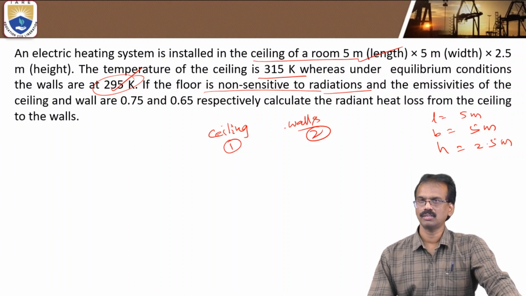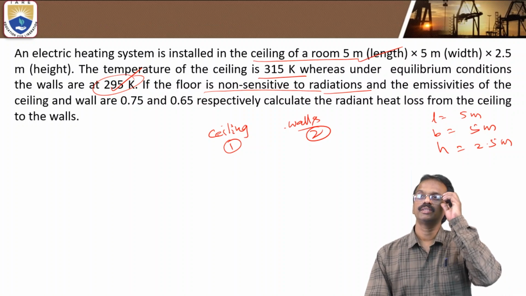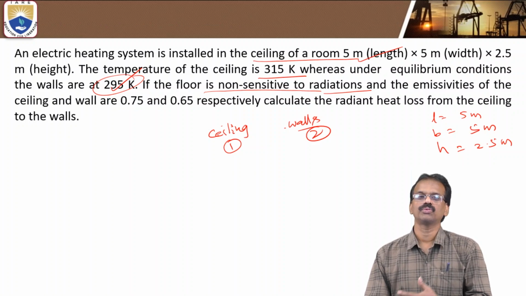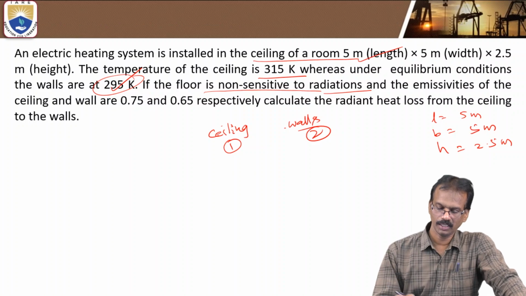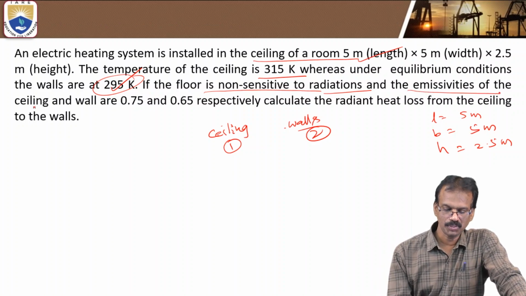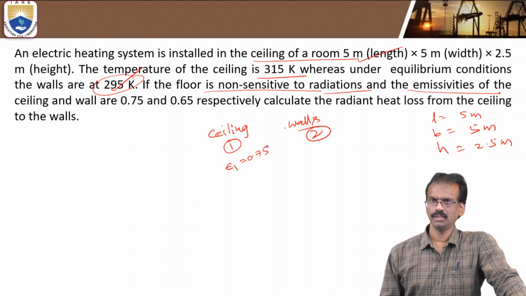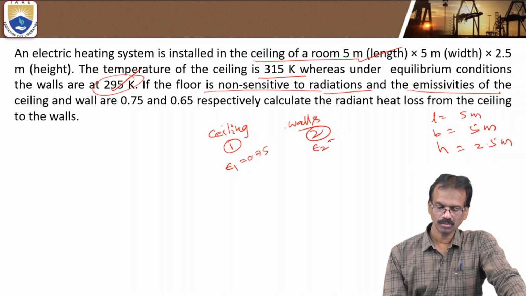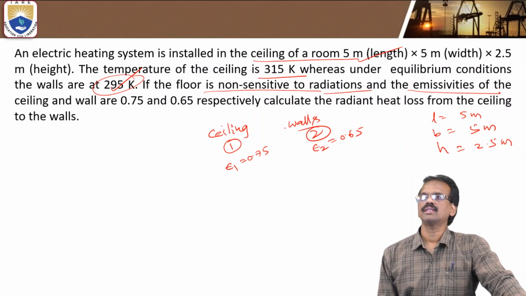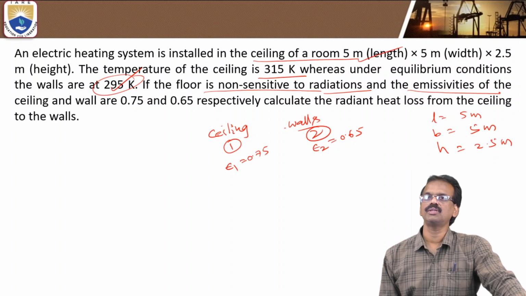It means there is no radiation heat transfer from the floor to other surfaces. You can neglect this. Then the emissivities: epsilon 1 of the ceiling is 0.75, and epsilon 2 is 0.265 respectively. Calculate the radiant heat loss from the ceiling to the walls.